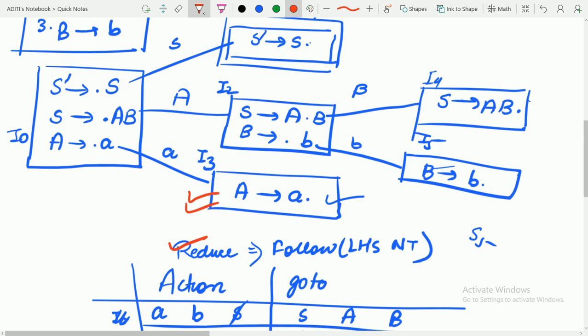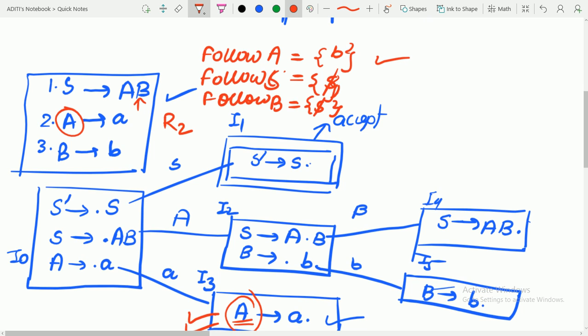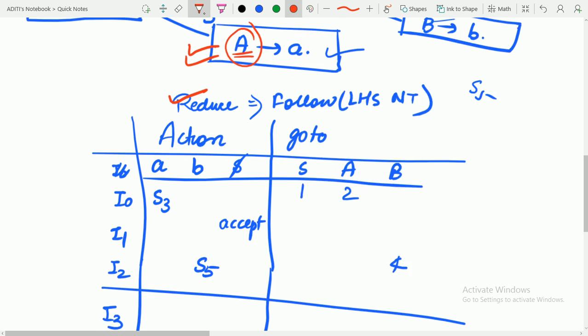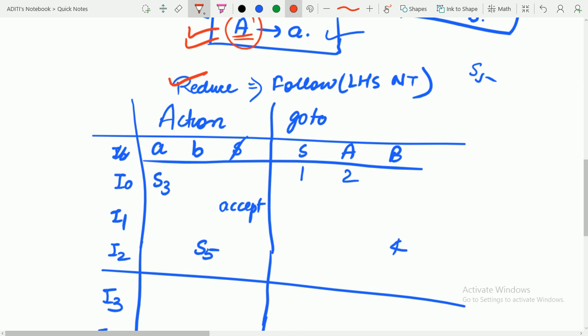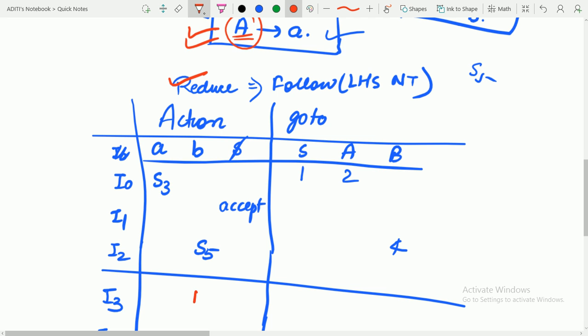For this reduce, it is production number 2, so we mark R2 on the follow of A. Follow of A is b, so we are marking R2 on b.